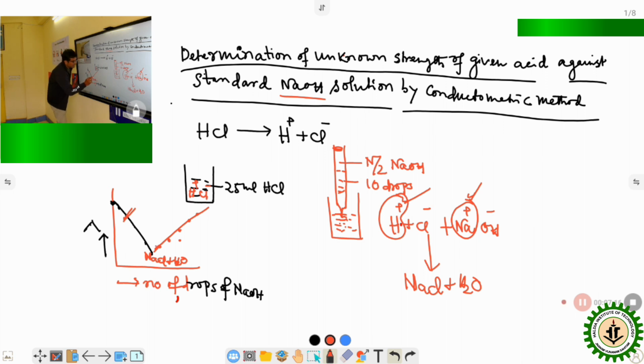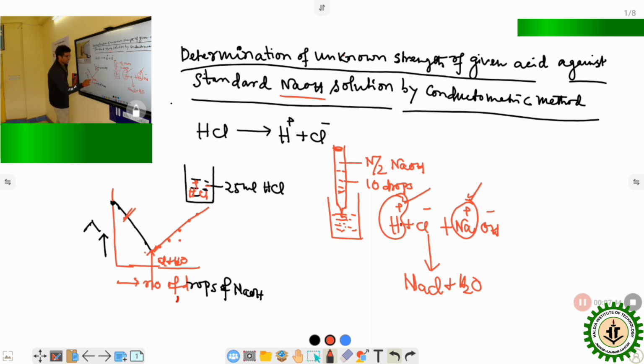Now, if we intersect these two lines, the intersection point is the neutralization point.